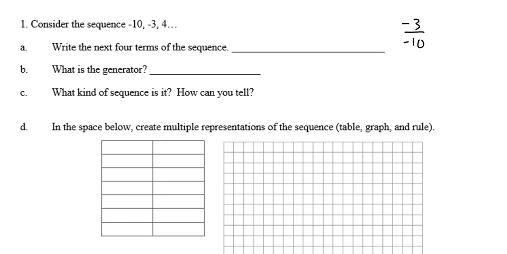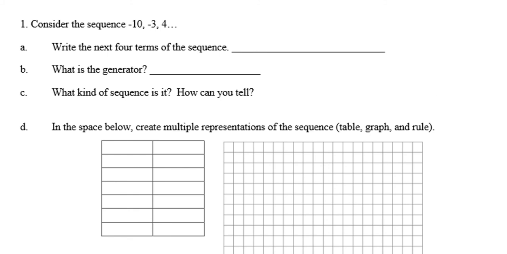That's the second term over the first term, and that would have to be the same as the third term over the second term. It turns out that -3 over -10 simplifies to 3/10, or 0.3, which is definitely not the same as 4 over -3. So this is most definitely not a geometric sequence.